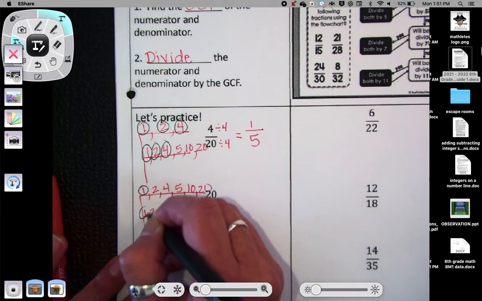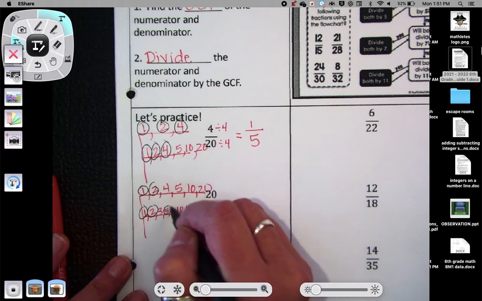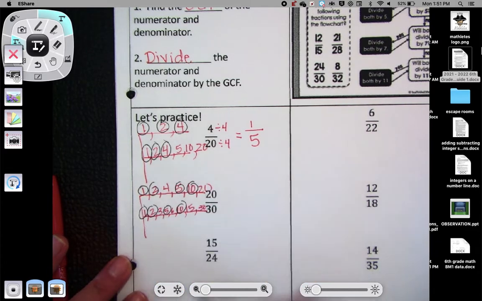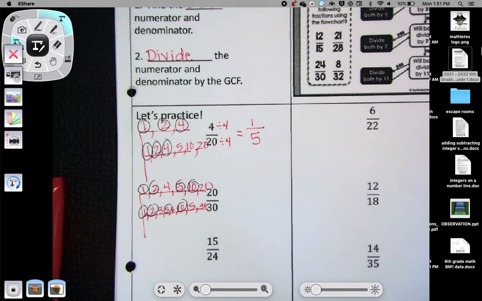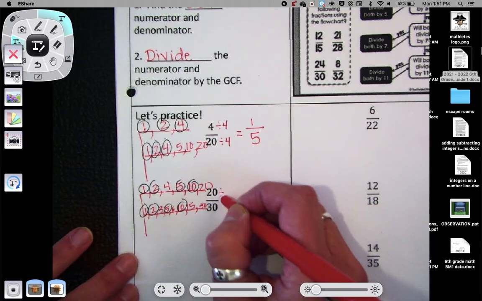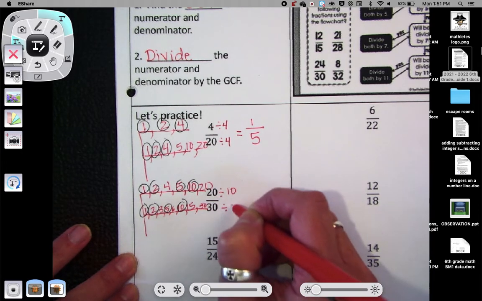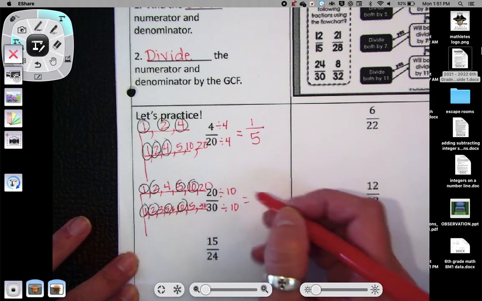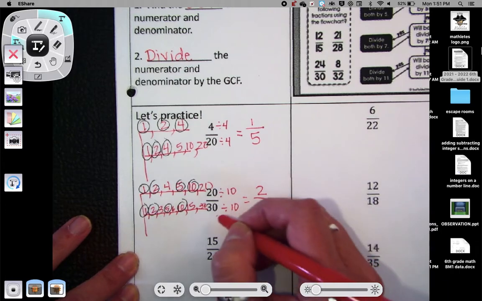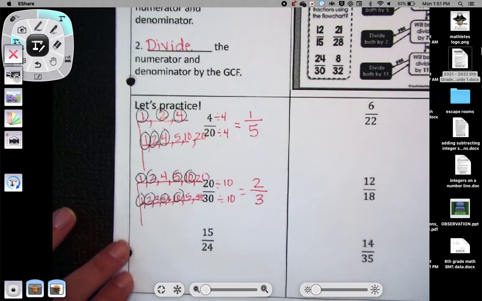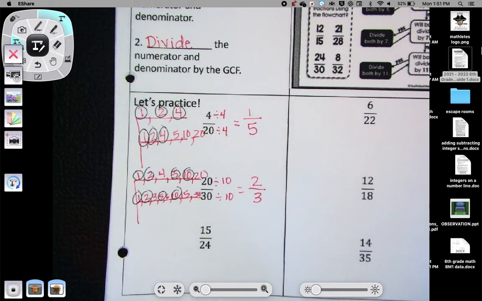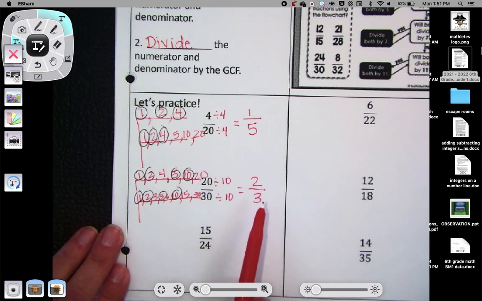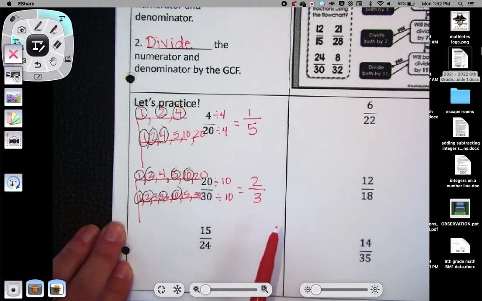I circle all of the common factors, and the greatest common factor is 10. 20 divided by 10 is 2. 30 divided by 10 is 3. And I know it's in simplest form because nothing goes evenly into 2 and 3 except for 1.